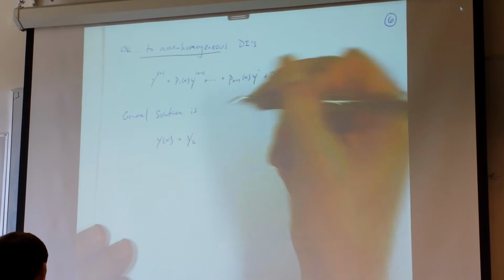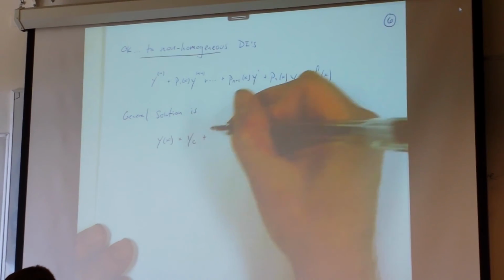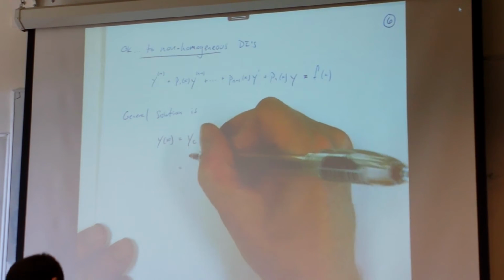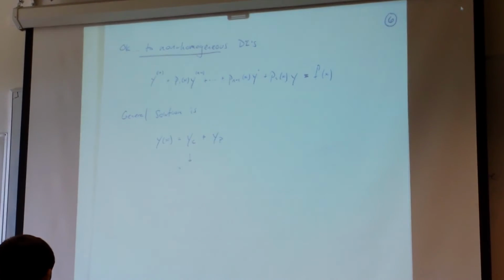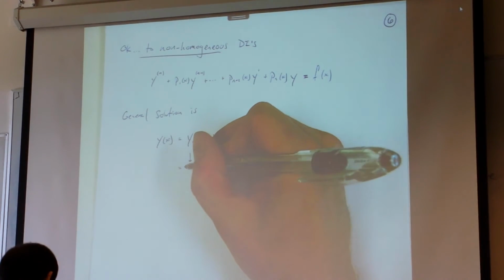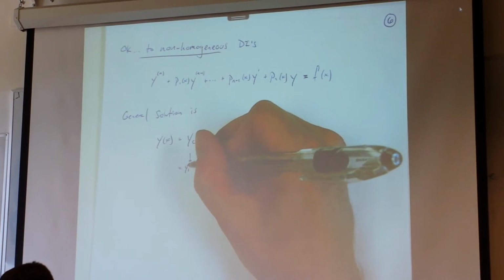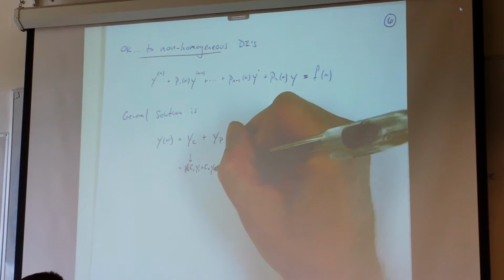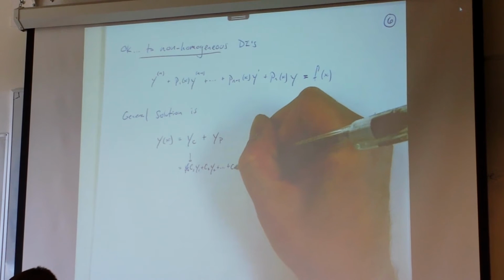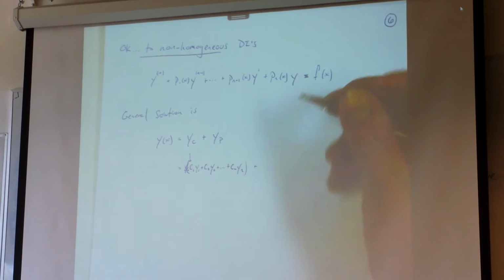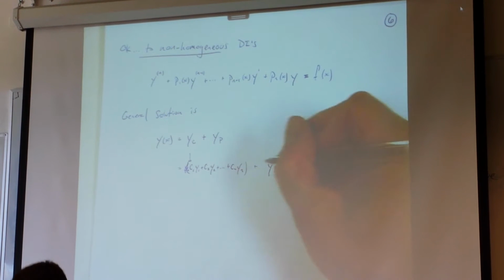So the general solution to it is, we'll define this in a second, y sub c, that's what they call the complementary function. But what y sub c is, is that linear combination of all the solutions to the homogeneous equation: c sub 1 y1 plus c2 y2 plus up to c sub n y sub n, plus y sub p.